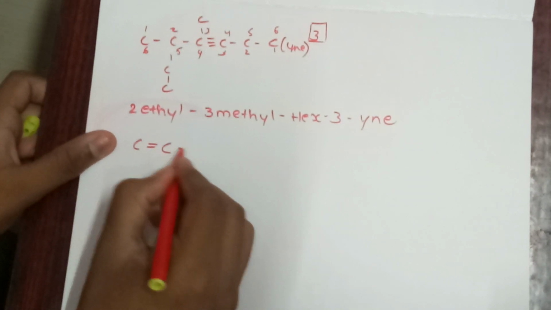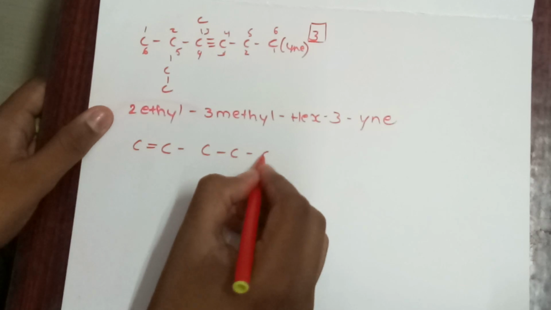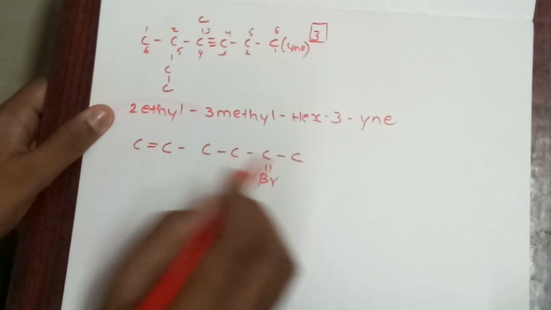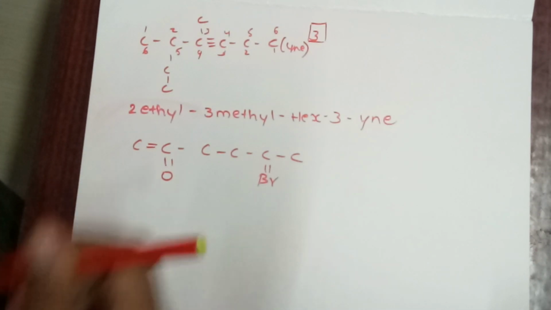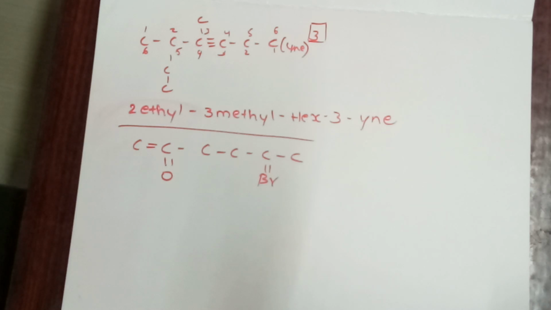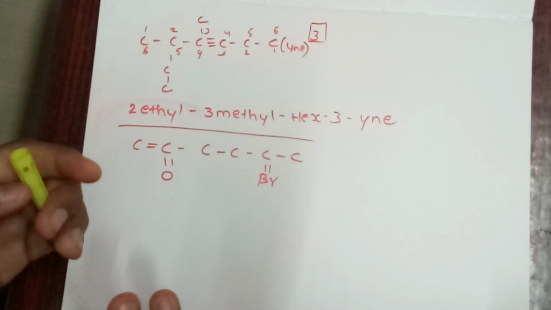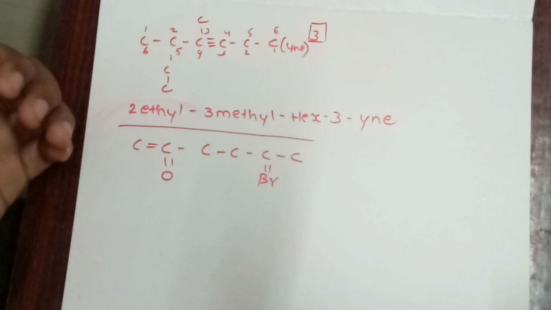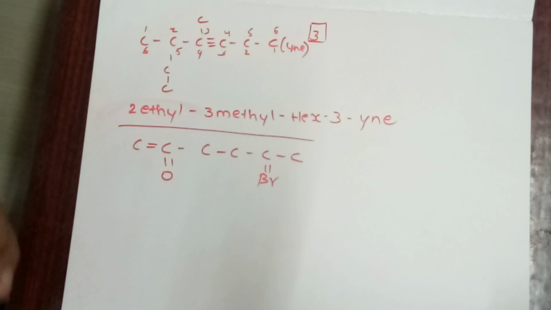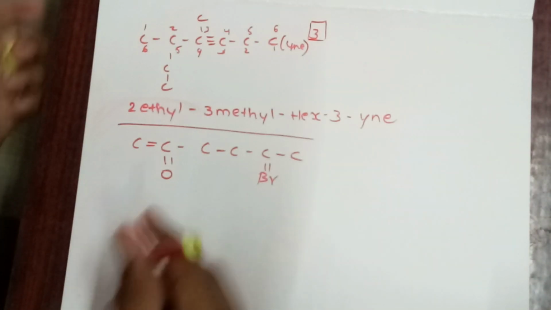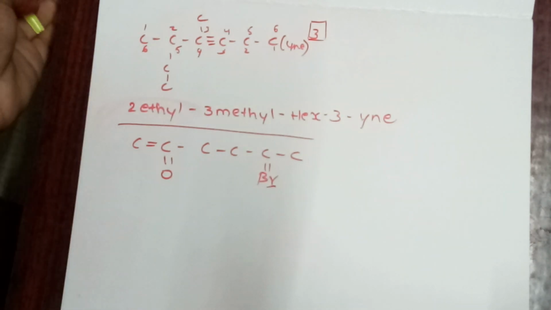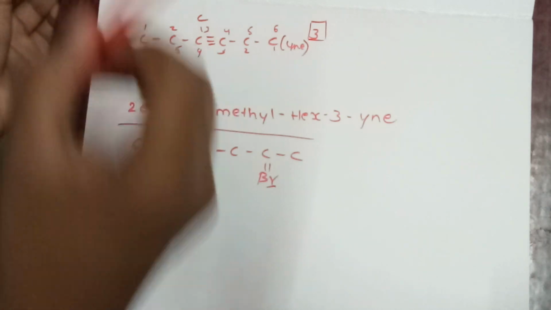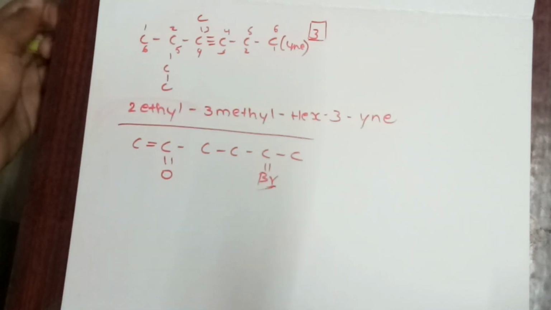C, double bond C, single bond C. Here we have a prefix, but this is a halogen. Halogen comes under substituent, so this will be given last preference.